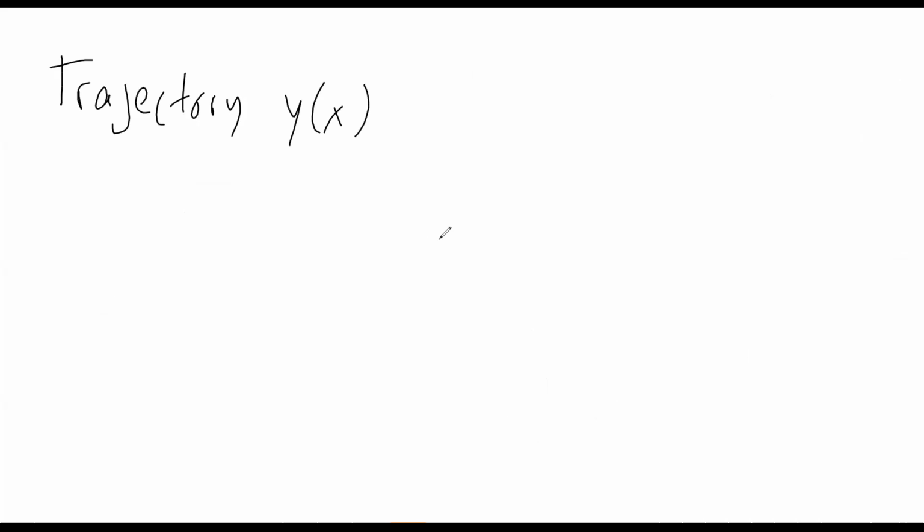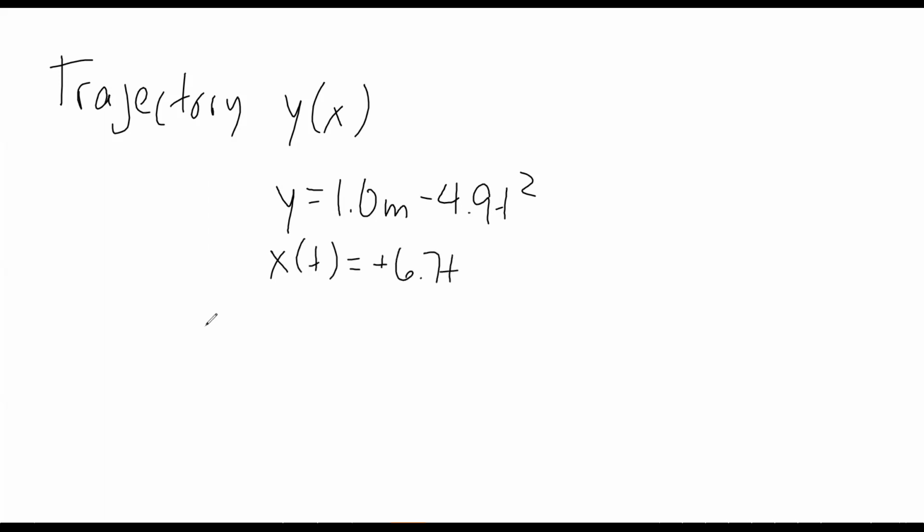To find it, you see y equals 1.0 meters minus 4.9 t squared. What you can do is, x of t is plus 6.7 t. Solve the x of t function for t of x, and then plug it into the y.